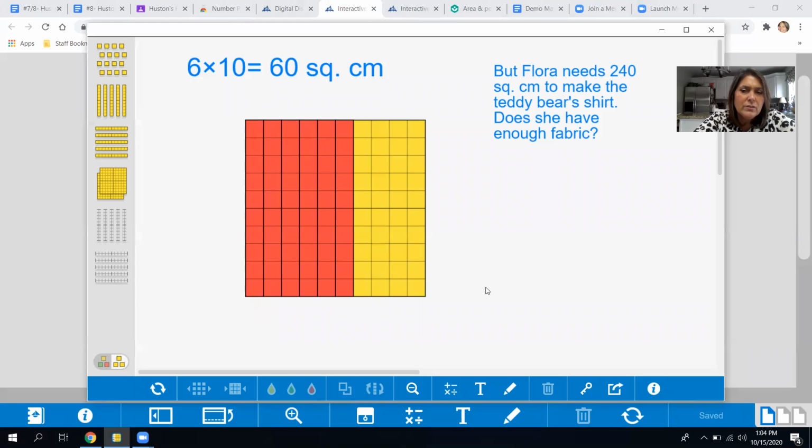So what do you think we need to do? Take a minute and either using your dry erase board or in your notebook, think about how you would solve this problem. And again, she needs 240 square centimeters to make the teddy bear's shirt. What would you need to do?